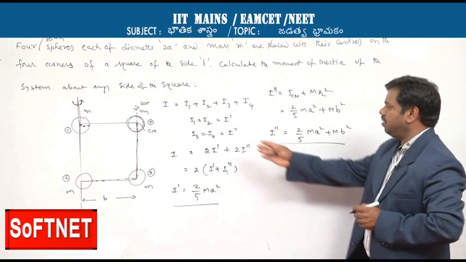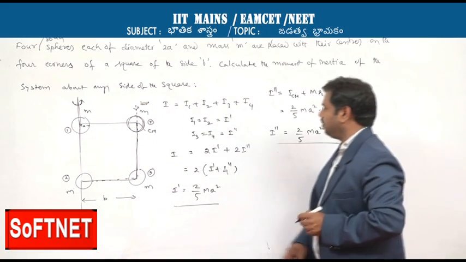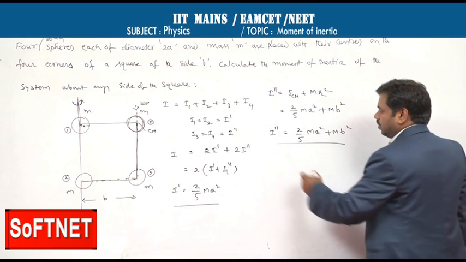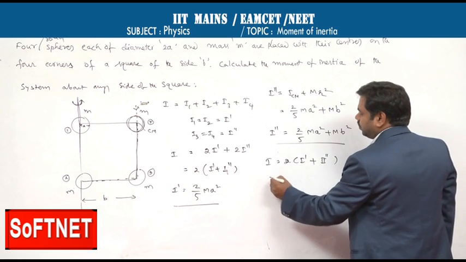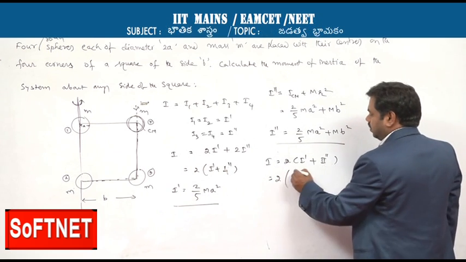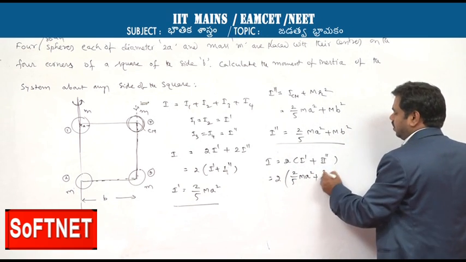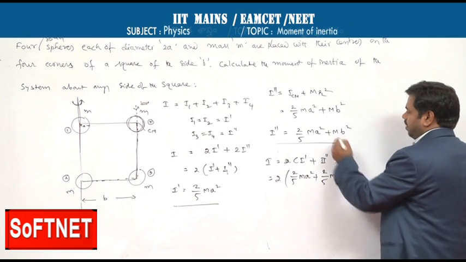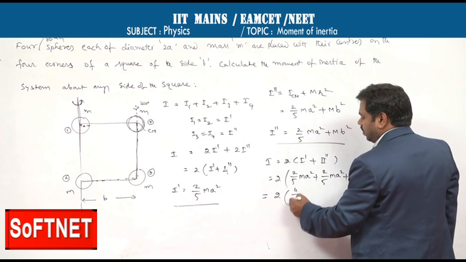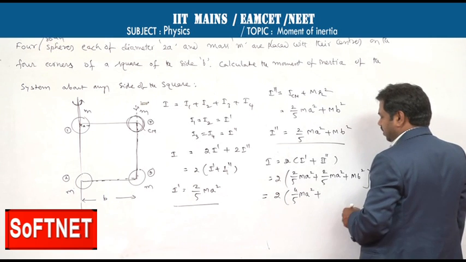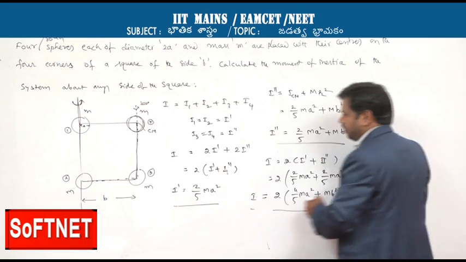Now what is the total moment of inertia of the system about this axis, which is nothing but I, is equal to 2 into I dash plus I double dash. 2 into I dash means 2 by 5 m a square, plus I double dash means 2 by 5 m a square plus m b square. So finally what you get? 2 into 4 by 5 m a square plus m b square. This is the answer for this question.